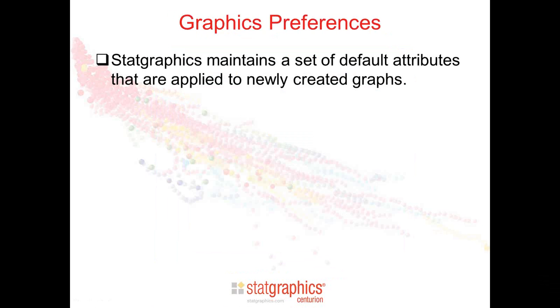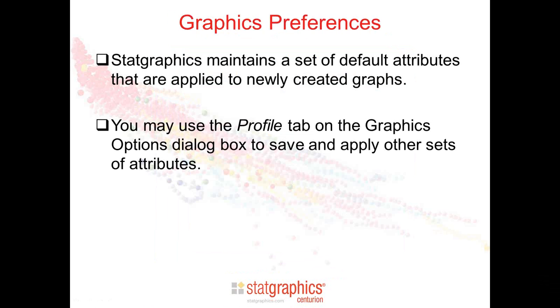In general, the way you override those for a particular graph is by pressing the right mouse button and selecting graphics options. I'm sure you found that if you've used StatGraphics at all. The right mouse button graphics options is a way to change the attributes of a single graph.